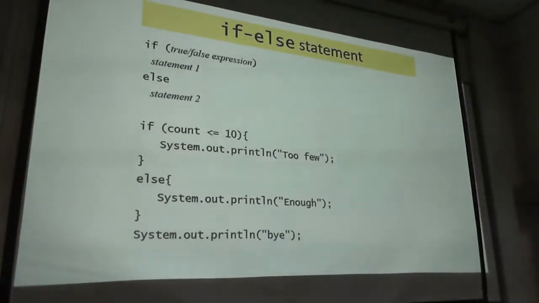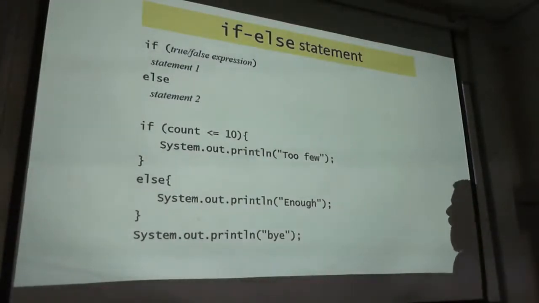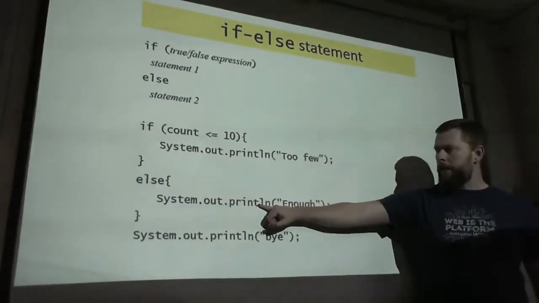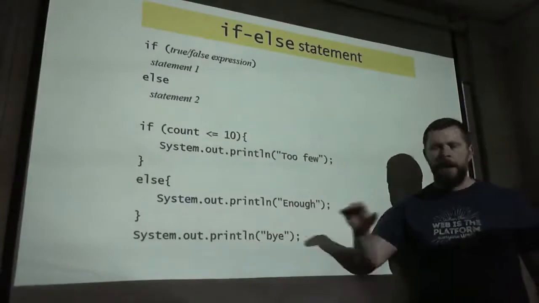If you don't match statement 1 or question 1, so count has a value of 11, which is not less than or equal to 10, well then you don't get into this line of code, but you do get into here, and you run enough, and then you print out bye.